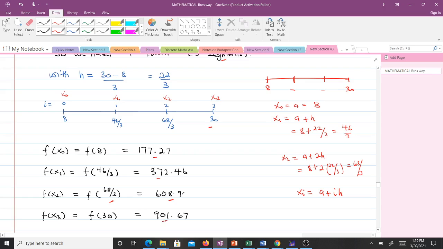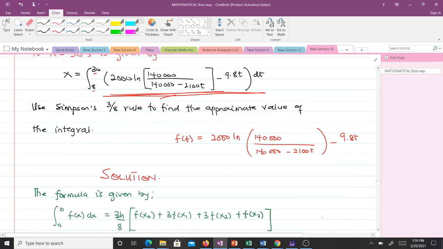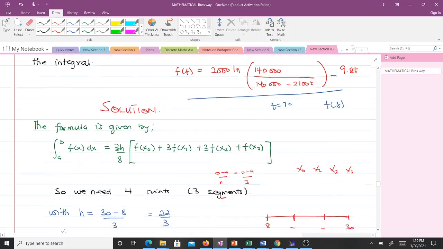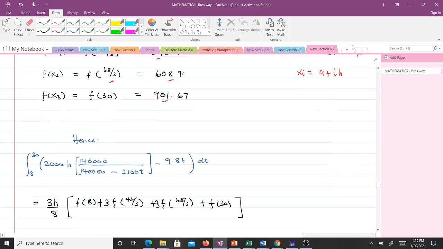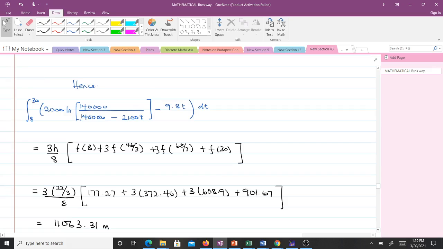So f of 30 means you come here, and wherever you find t, you put 30 there. You're finding f of 8. Wherever you find t, you put 8 there, and that will give you the functional values at these points. So now that you have f of x0 to f of x3, we can substitute them into the main formula and compute our integral, right?